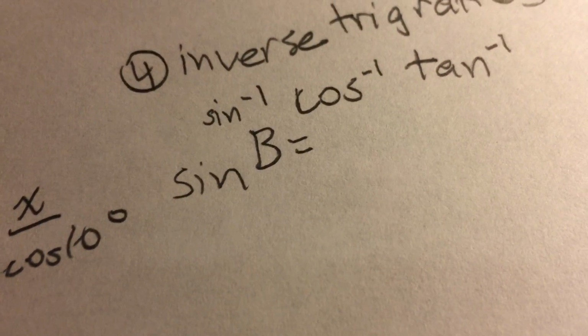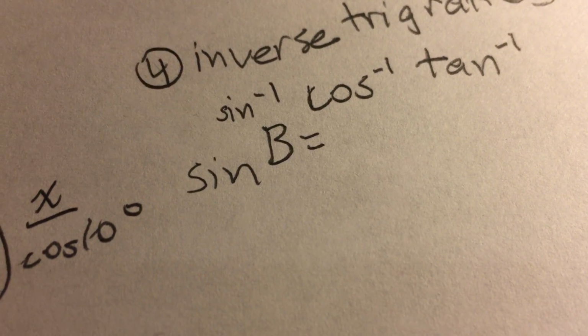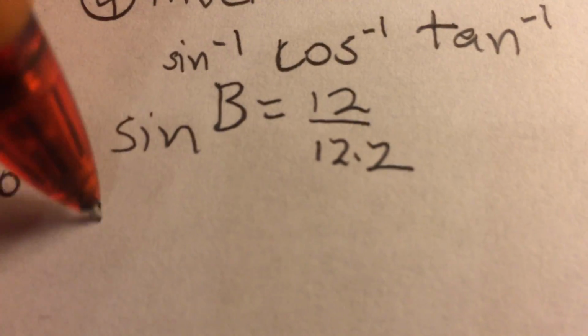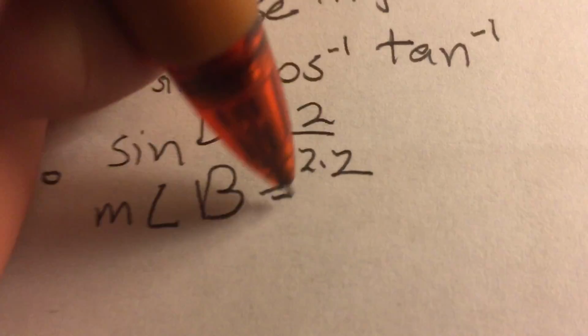Since this is angle B, we're going to label that angle B. Sine of B equals 12 over 12.2. This is not going to be completely accurate because x is about 12.2.